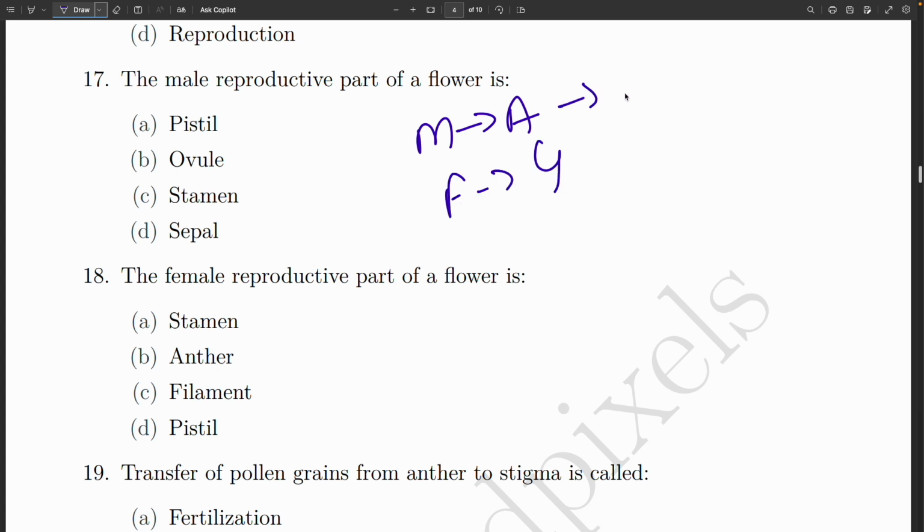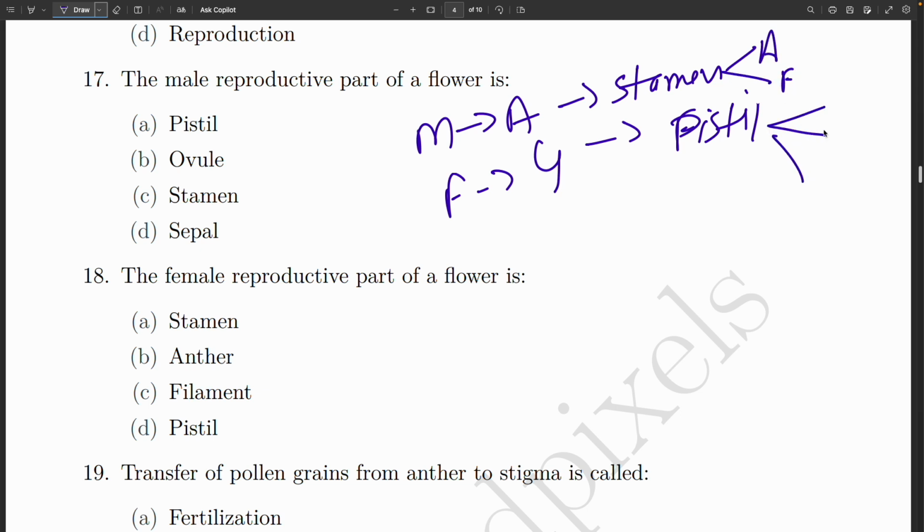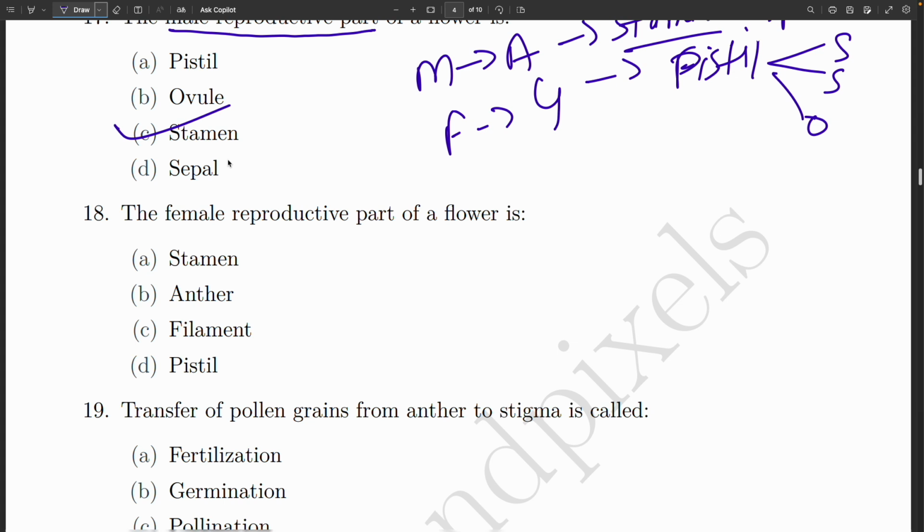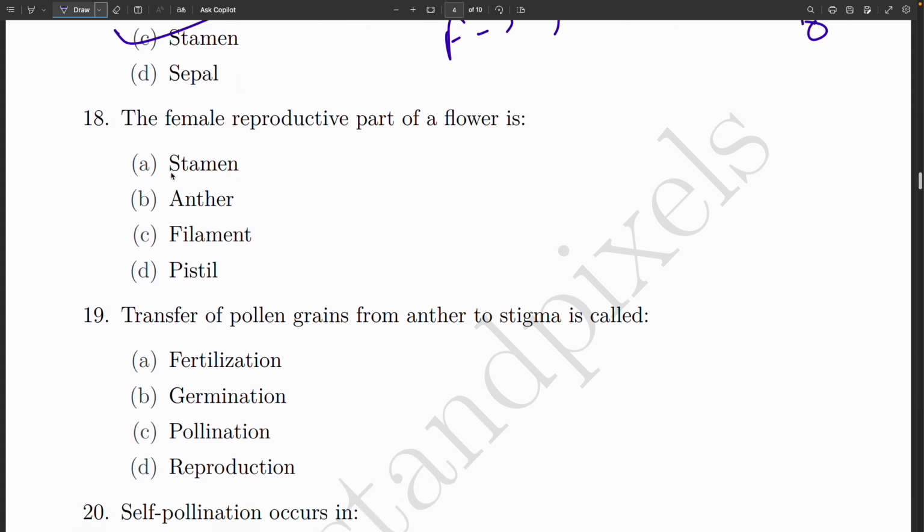Androecium is your stamen and gynoecium is your pistil. And stamen consists of anther and filament and pistil consists of stigma, style, ovary. Okay, so we are being asked about male reproductive part. So male reproductive part is stamen. Female reproductive part of a flower is pistil.